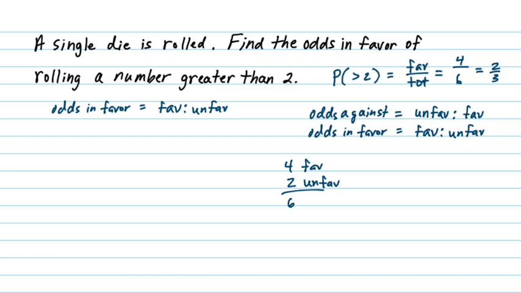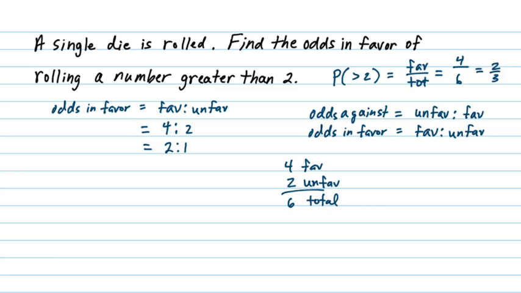Notice there's a total of 6 outcomes. So all we need to do is write the ratio of favorable to unfavorable outcomes. So favorable, there's 4, and unfavorable, there are 2. And so the answer here is 2 to 1.